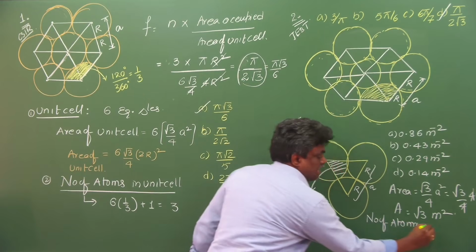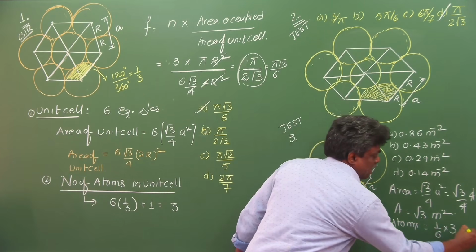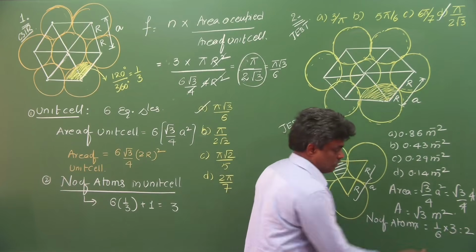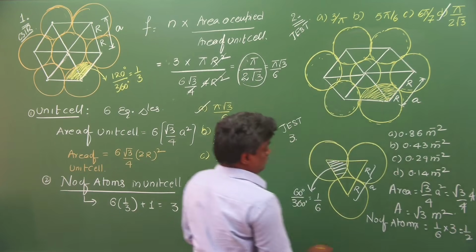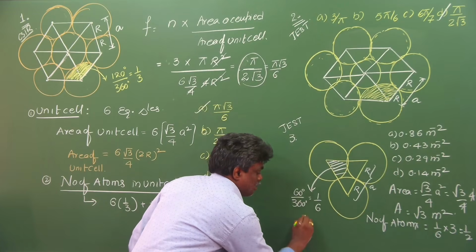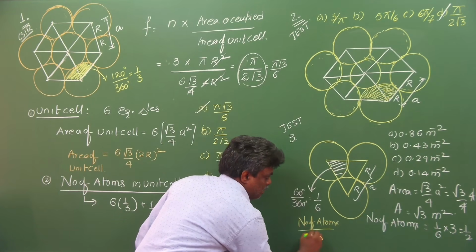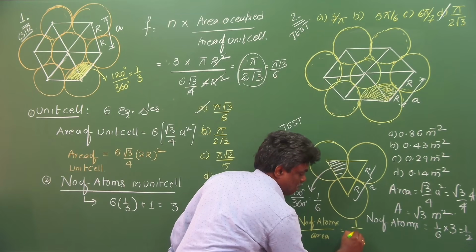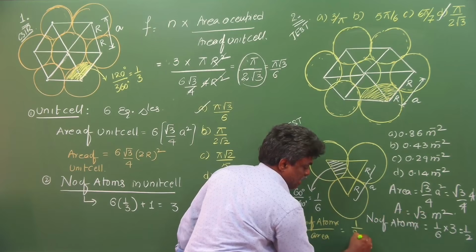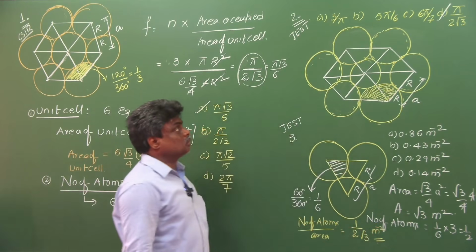She said sharing is 1 by 6. How many are there? Three. That's why 1 by 2. So finally, the number of atoms per unit area: we got 1 by 2 atoms, and the area is root 3 meter square. So the answer is 1 by 2 root 3.